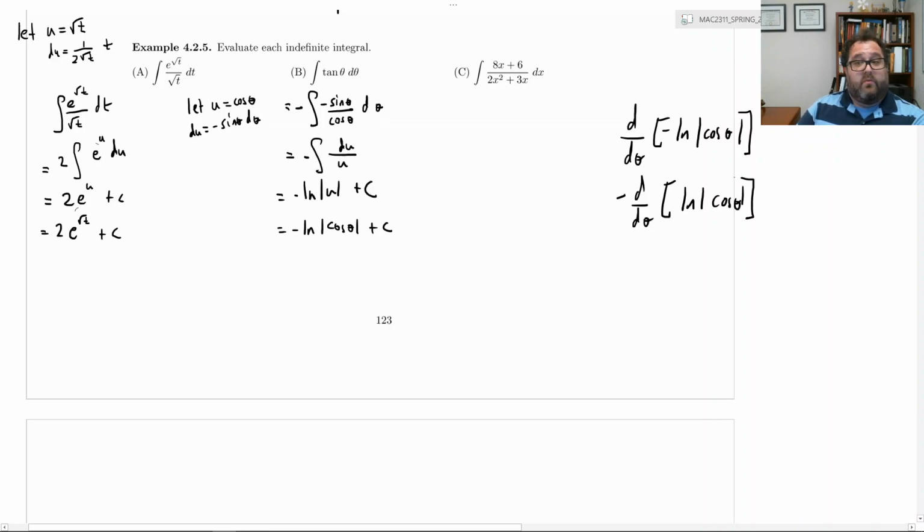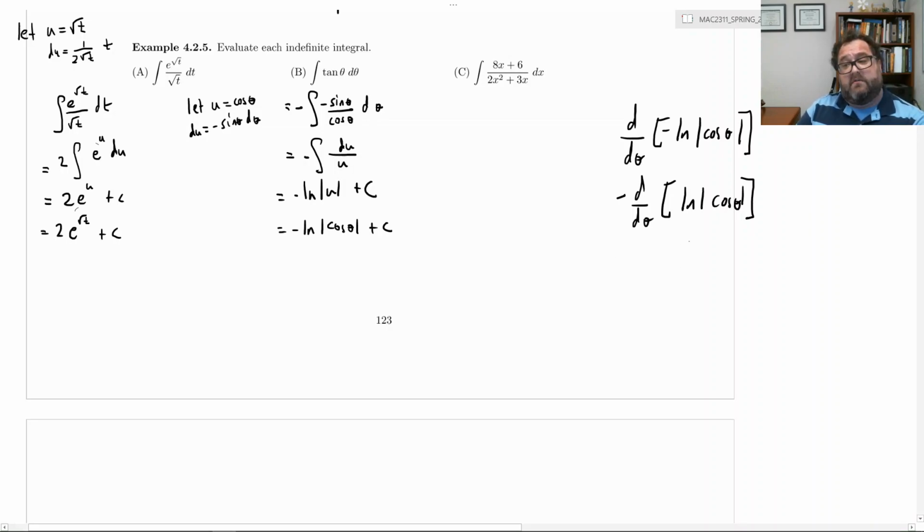Now, we know that if we differentiate a natural log with an absolute value argument, it's the exact same thing as if we differentiate without the absolute value on the argument. So I hate to say this, but we can ignore the absolute value in this case. The derivative is the exact same as if the absolute value is not there.